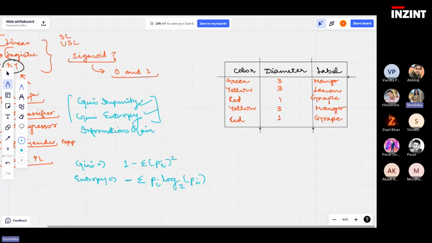This is the only difference between Gini and entropy. Now, yesterday when I was explaining the implementation part, I told you that entropy is the measure of randomness, or we can also say disorder.